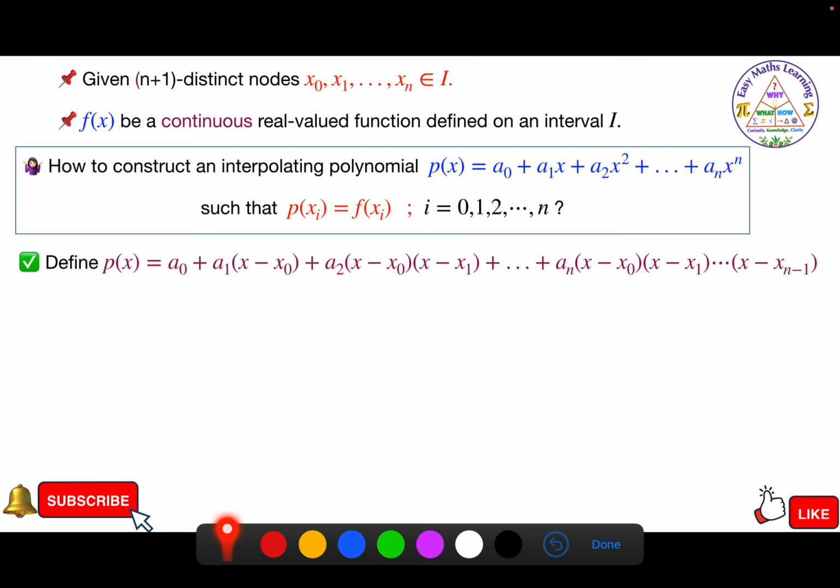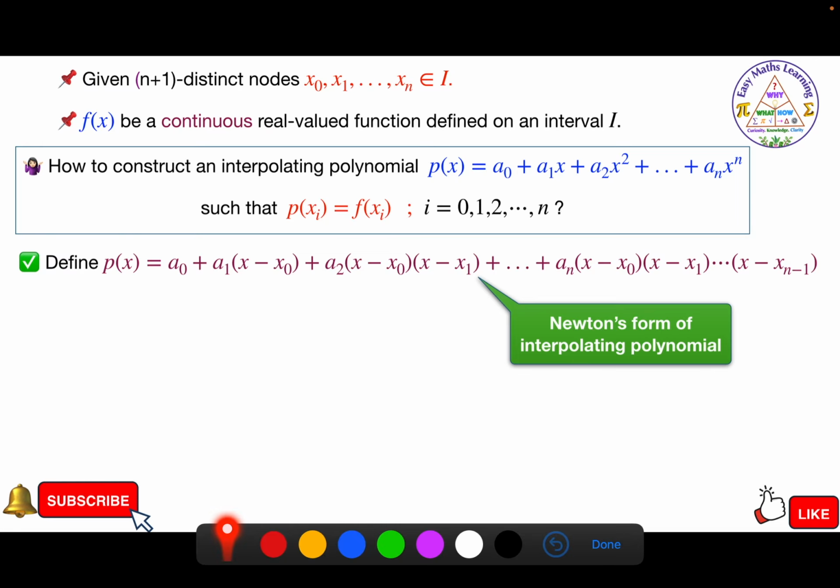The next term contains a product of three factors x minus x0, x minus x1, x minus x2. So each new term adds one new factor corresponding to the next node. This form is called Newton's form of interpolating polynomial.